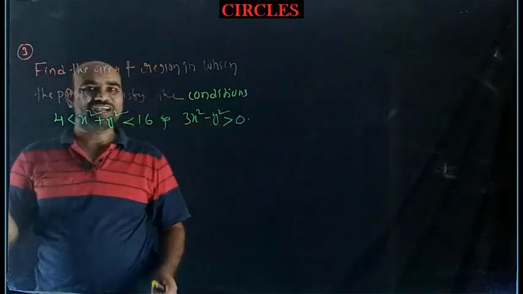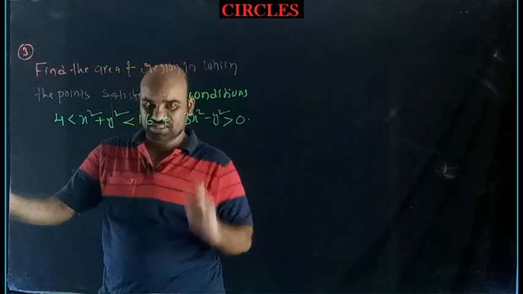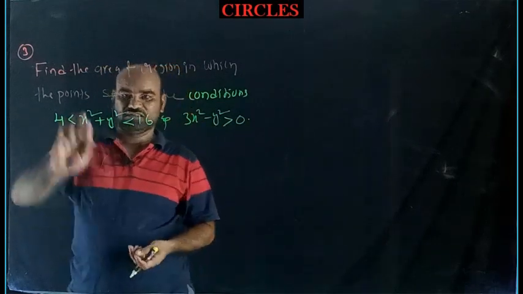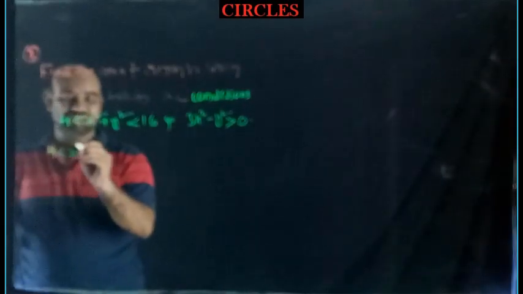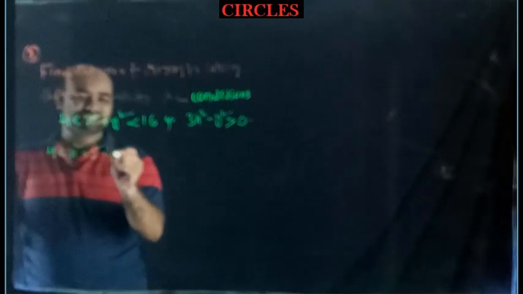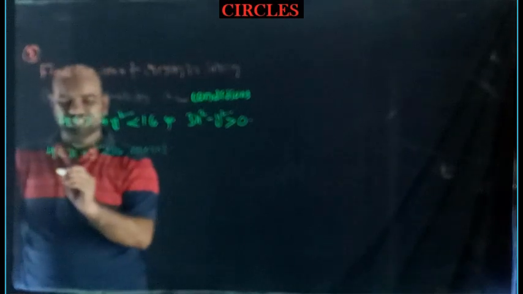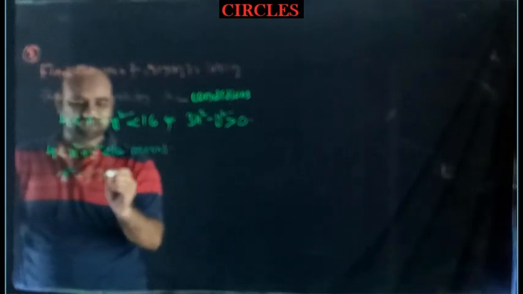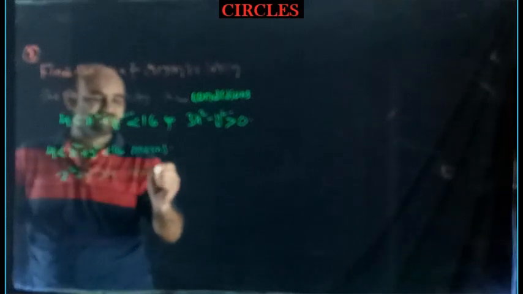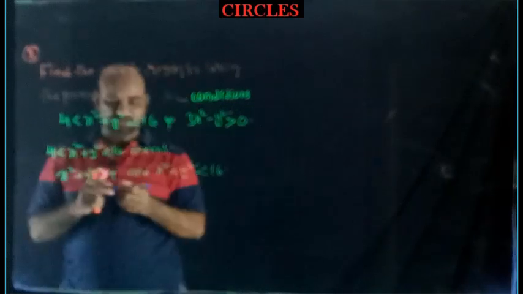First of all, on the coordinate plane, we want to identify the region represented by these inequalities. First, I want to write 4 lesser than x square plus y square less than 16, which means all the points satisfy the condition x square plus y square greater than 4 and x square plus y square lesser than 16. One by one I want to do this.